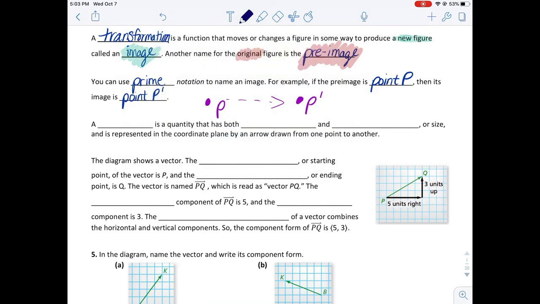So one way that we move figures in translations is using a vector. A vector is a quantity that has both direction and magnitude.